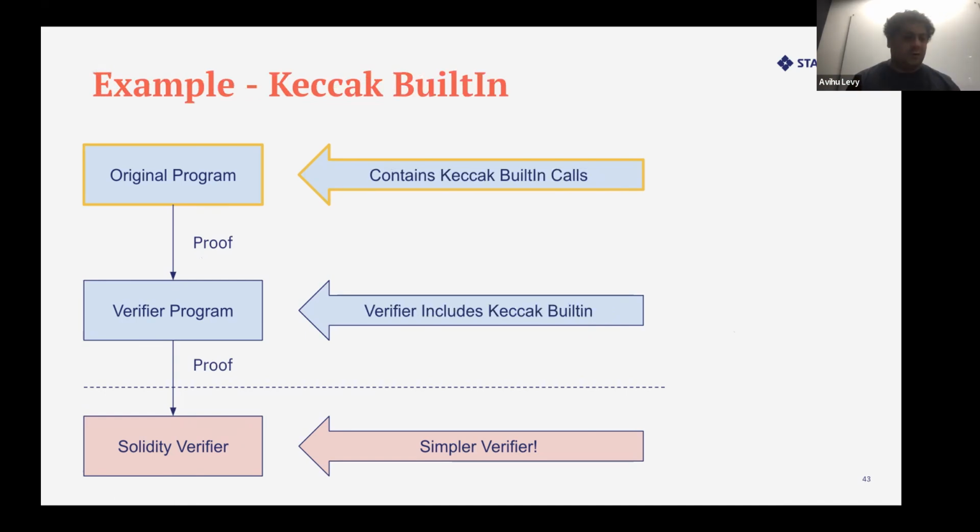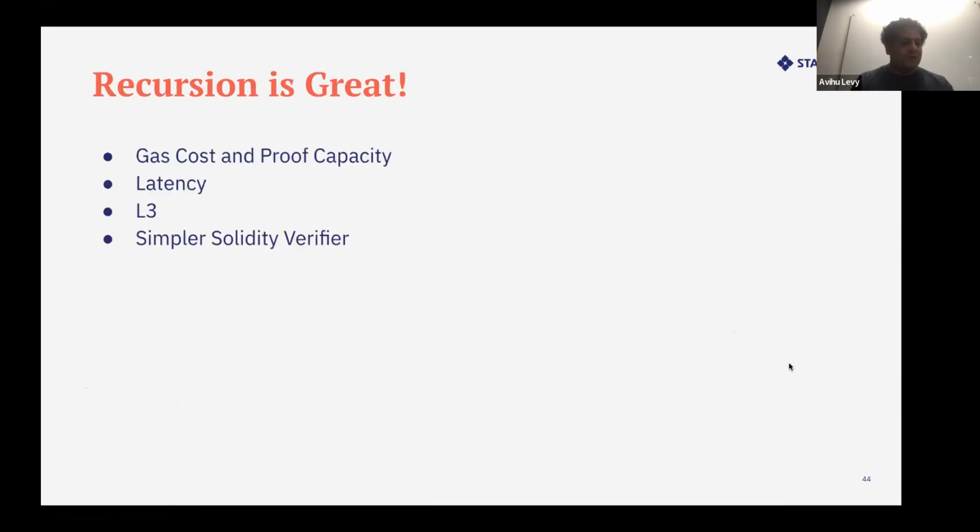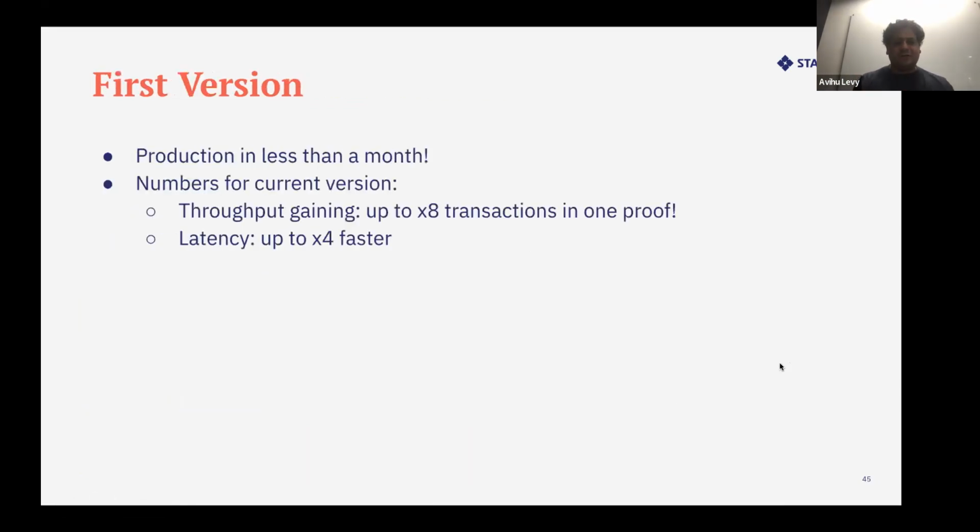So one example that hopefully will come very soon is the Keccak built-in, which is a very complex built-in, and adding it to the Solidity verifier would probably cost us something not negligible, but adding it through recursion will remove the need to make the verifier expensive.